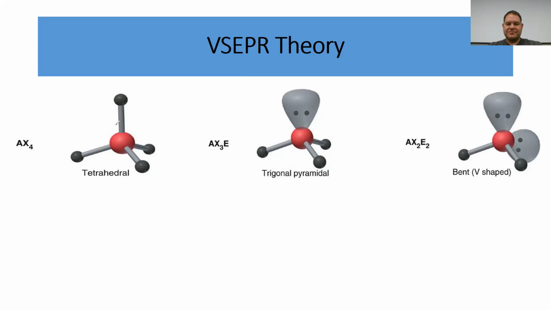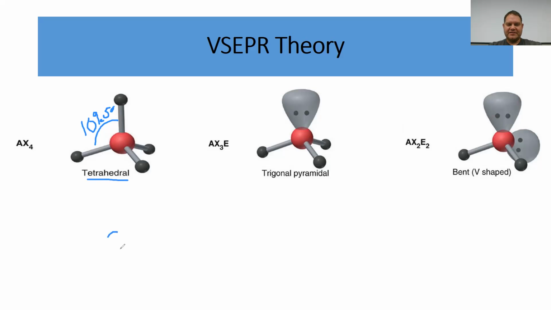The real angle in these tetrahedrals is 109.5 degrees. So really the angle distance from this bonding domain to this bonding domain is 109.5 degrees, and that includes all of the domains around it. As a result, we get what is called a tetrahedral shape, okay?